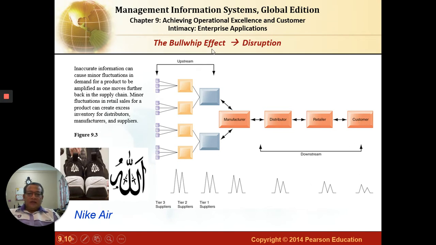The bullwhip effect is the fact that if a manufacturer is facing a problem, for example, a disruption in their supply chain, for example, at the retailer, this will flow backstream and affect the manufacturer, and also the upstream stages of the suppliers too.